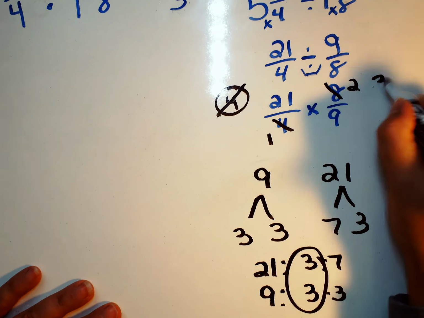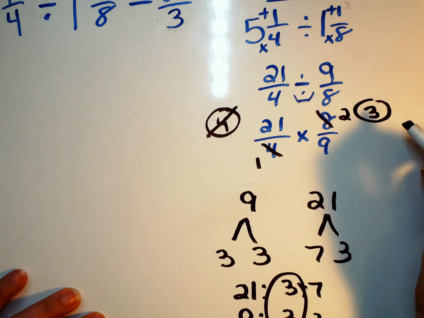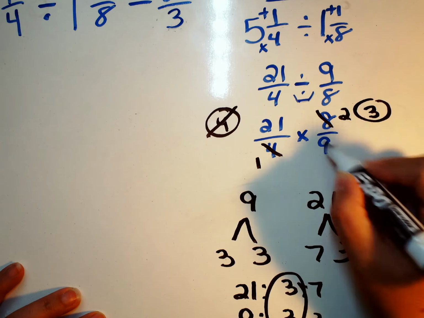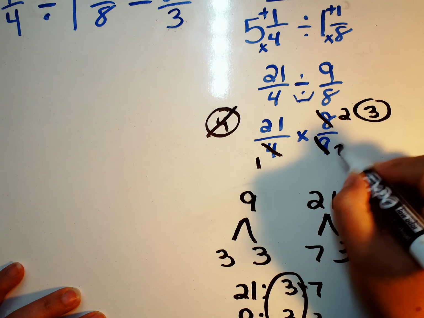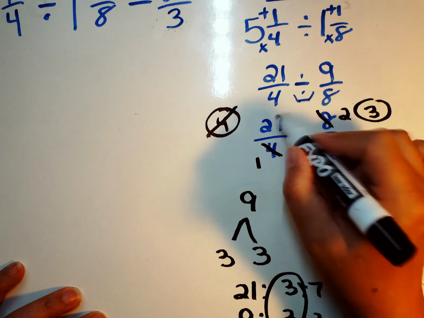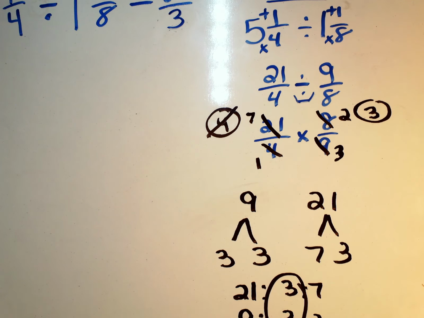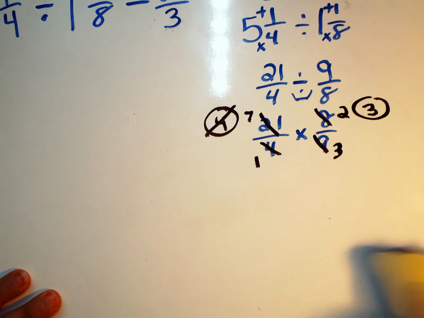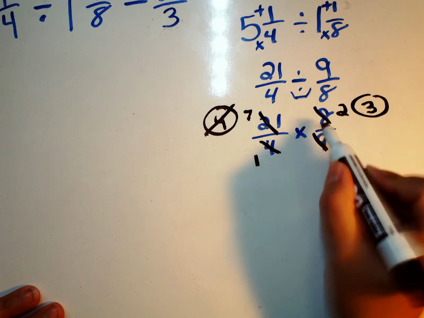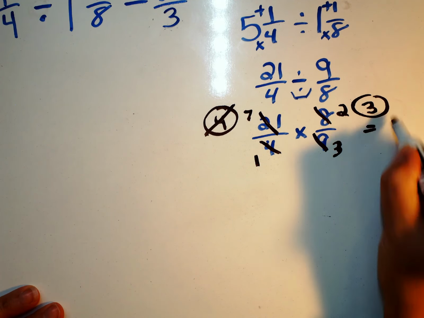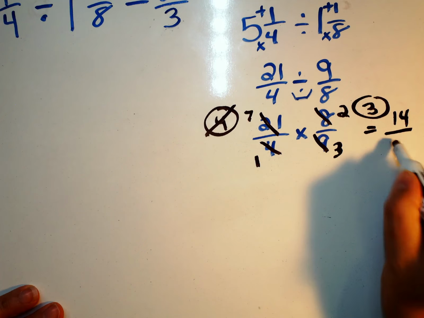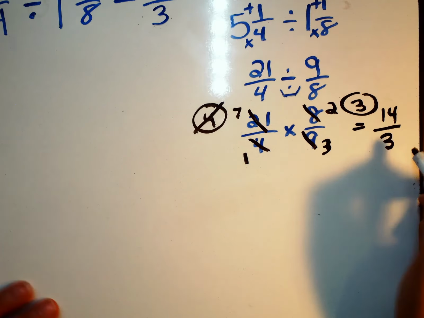So that means 3 goes into both 9 and 21. So 9 divided by 3 is 3, and 21 divided by 3 is 7. All right, so now we know that we were able to cross cancel. So now 7 times 2 is 14, and 1 times 3 is 3.